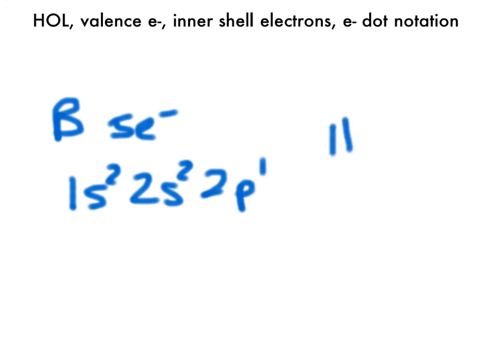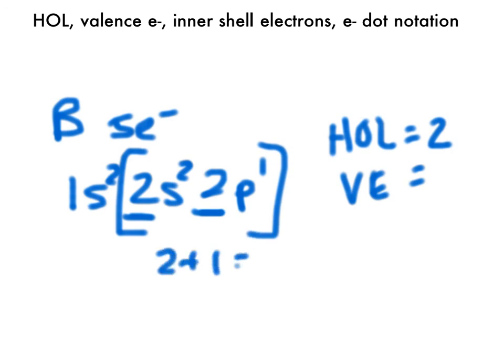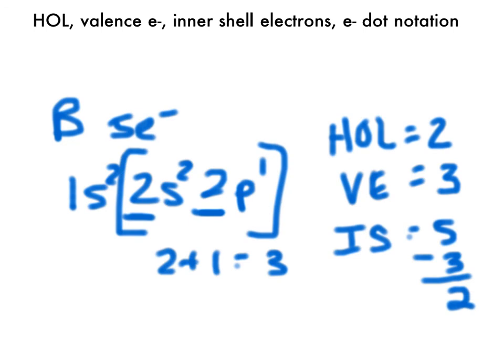My highest occupied level is going to be 2, because I look for what my highest N value is. My valence electrons are going to be all the electrons in that occupied level. So here I have 2 from the S plus 1 from the P, so I'm going to have 3 valence electrons. And then my inner shell electrons are going to be my total, which is 5, minus my valence, so I get 2 inner shell electrons.